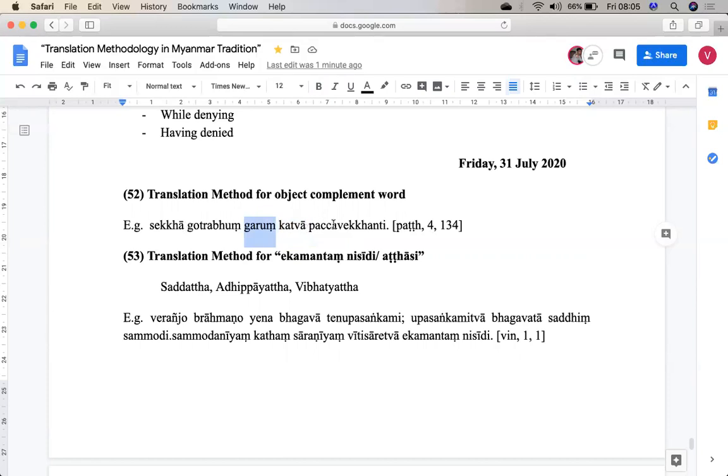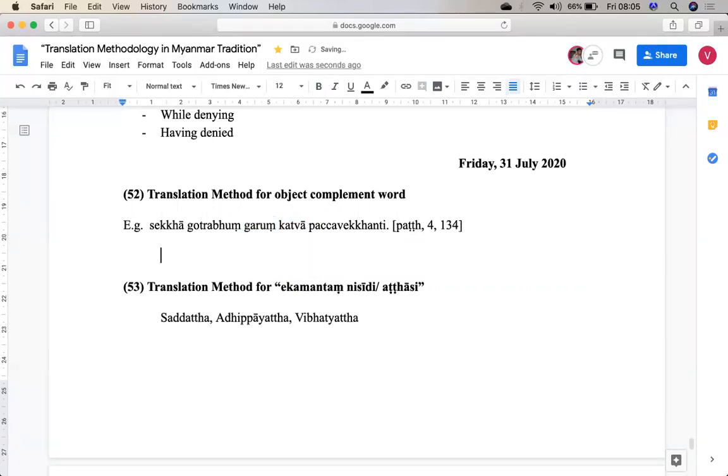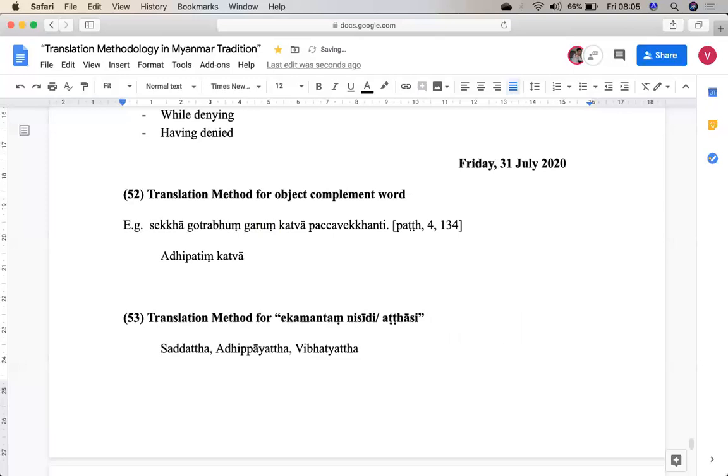When I searched, mostly we find these phrases in the Pāḷi canon: adhipatiṃ katvā, or garuṃ katvā also.